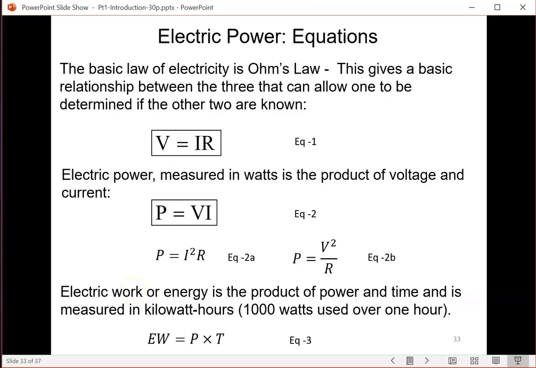That's power calculation. But for the energy calculation or electrical work, energy or work equals power times time. Like the electricity you pay for at your house. You pay in kilowatt hours.